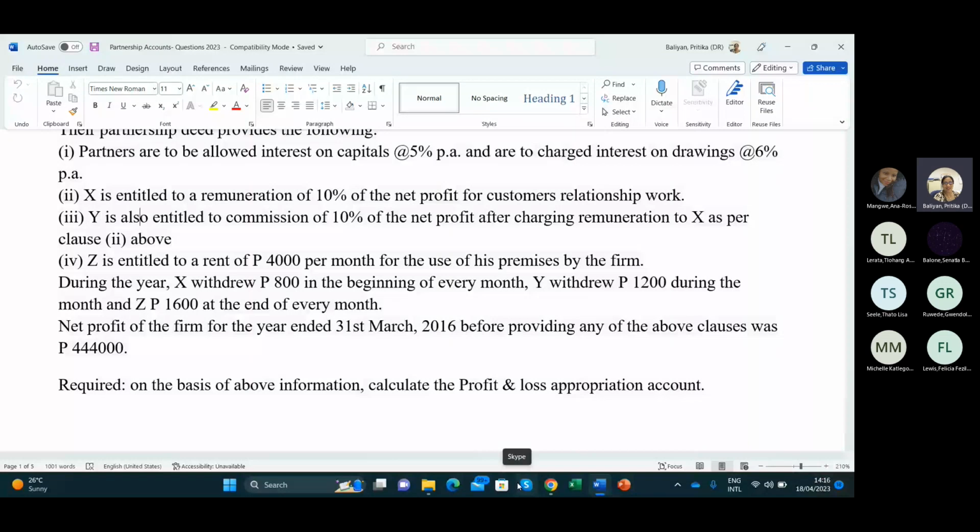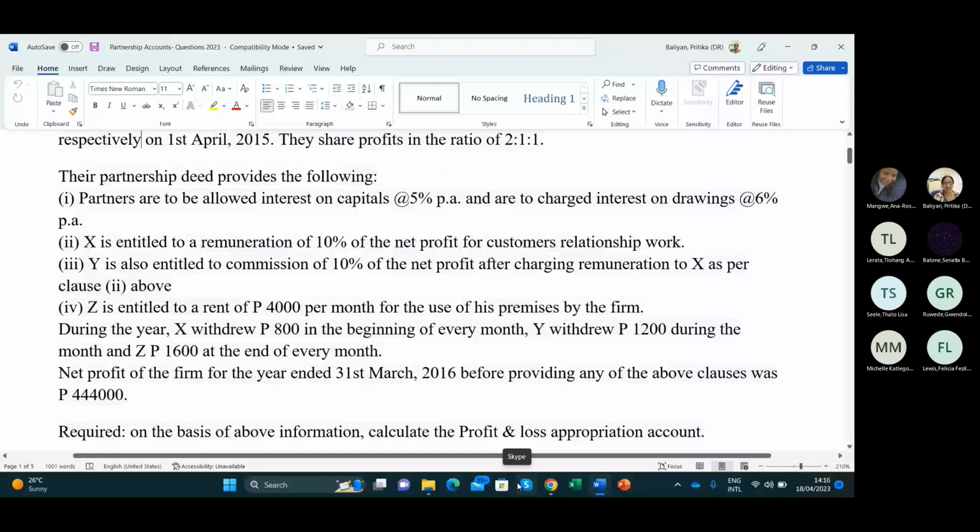So you can draw a table for the profit and loss appropriation account. We always start with the net profit, the net profit given as per the income statement, right? So everybody first draw the table with 3 columns, 1 for details, number 2 for amount, sub addition, and the last column for the final amount.